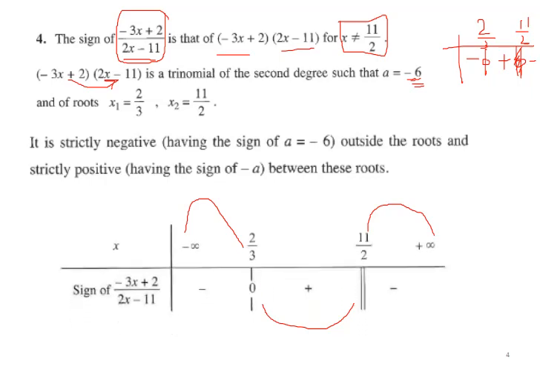Now, why is 11 over 2 shaded? You already know this, because it is a condition, so 11 over 2 should be shaded. So the sign of this fraction is negative on minus infinity to 2 over 3 union 11 over 2 to plus infinity. It's positive between 2 over 3 and 11 over 2.